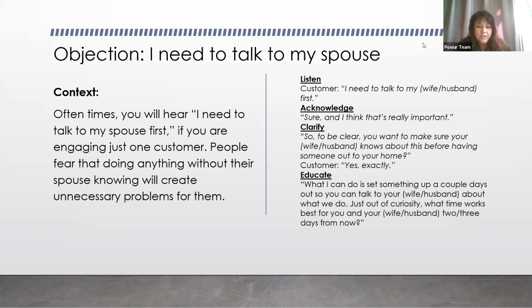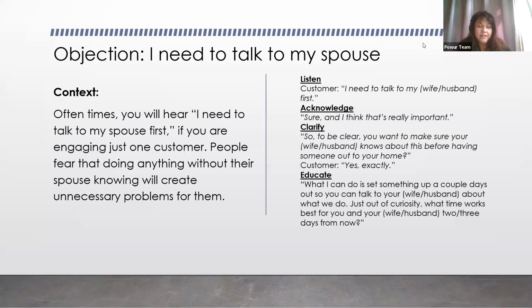Just out of curiosity, what time works best for you and your wife in the next couple of days? Mornings or afternoons? Definitely afternoon, 6 o'clock if you're available. Awesome. Well, I'll take that down and let my expert know, but we'll definitely want to get in front of both of you and find a time that works for you, because it is a big decision, and there's a lot that we can cover and see if you qualify. Done. Thank you.